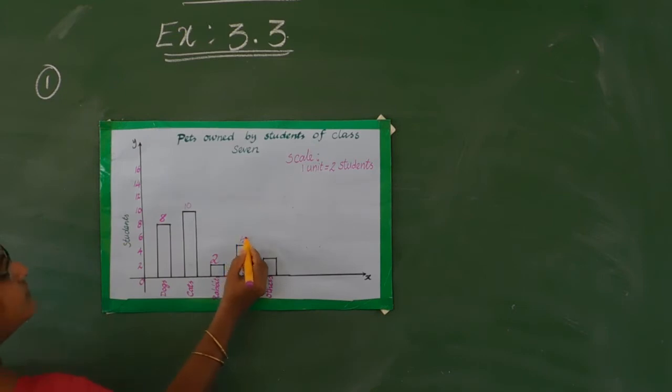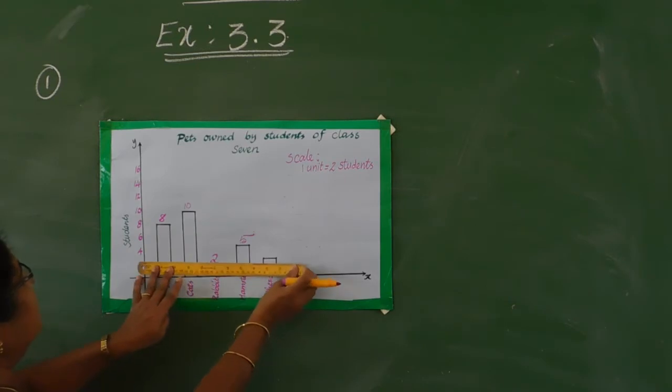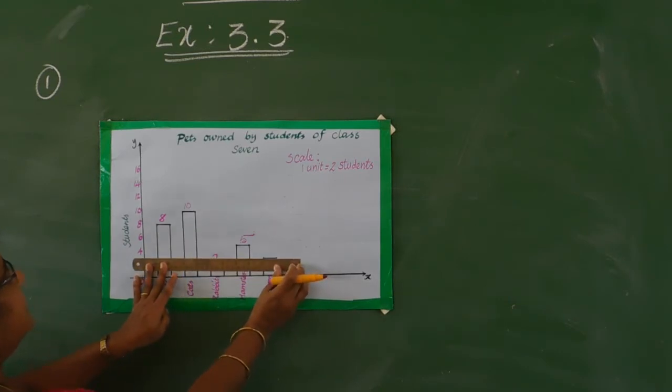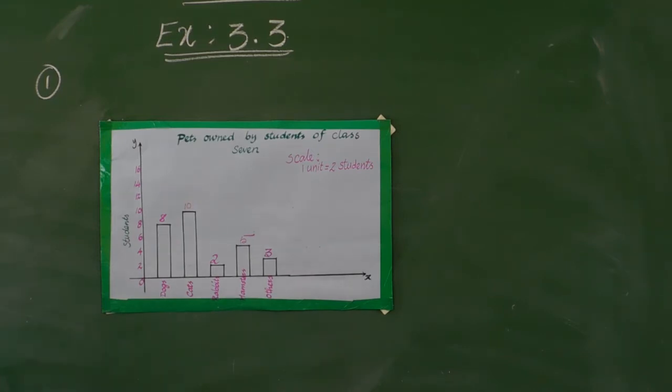The number of students who have hamsters is 5. Next, other animals as a pet. This lies between 2 and 4, so at the midpoint it is 3. So 3 students. From the bar graph, we identify how many students have pet animals like cats, dogs, rabbits.